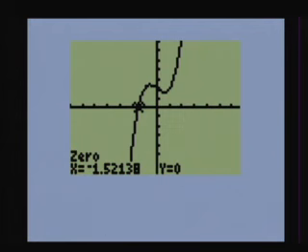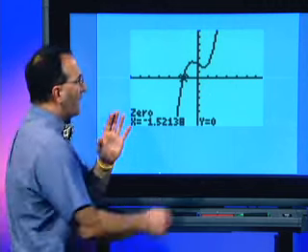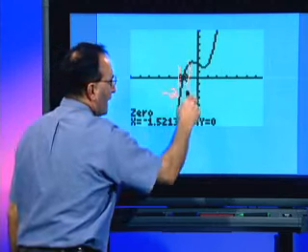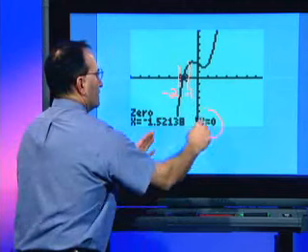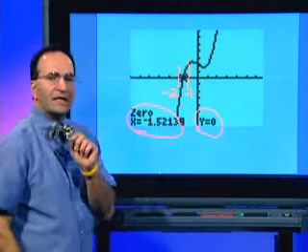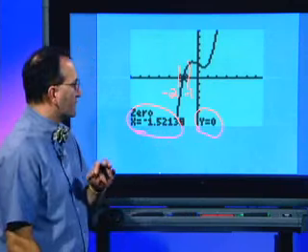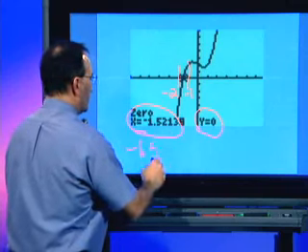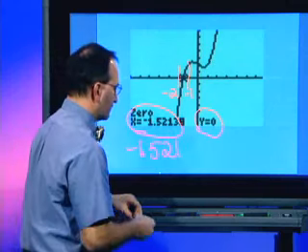And what we'll notice is that if we use the calculate the zero of a function key on your calculator, there is a sign change between -2 and -1. And in particular, when we solve it, we see that x is equal to -1.521, rounded off to the 3 decimal places that we were given in our instructions.